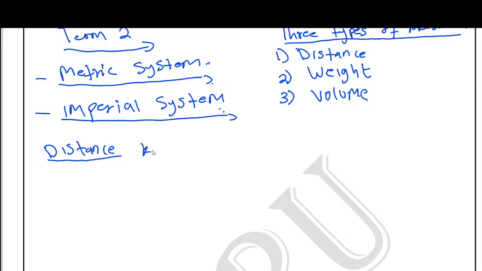Why do we use kilometers? We use kilometers on the larger distances. For instance, you want the distance from your place to the town. We cannot use any other units here, only kilometers.